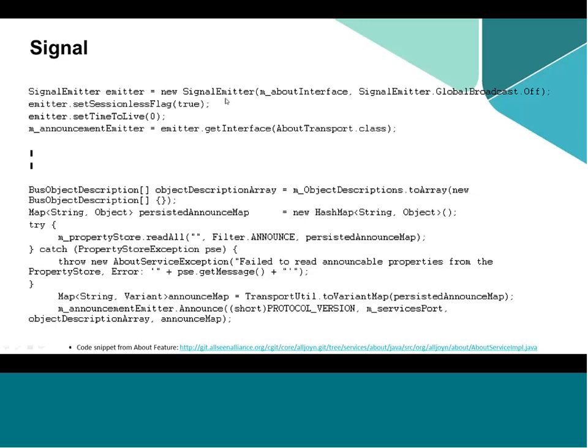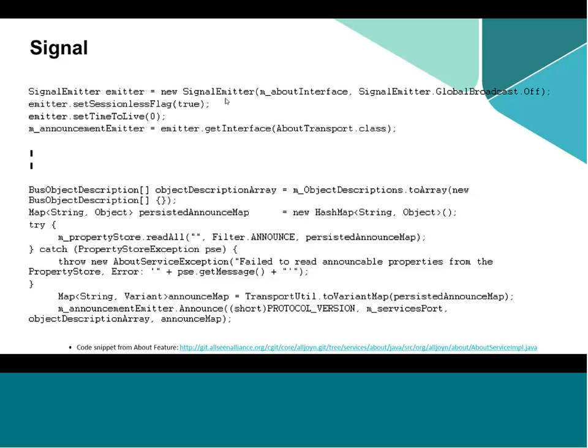So what we do is we create what's called a signal emitter. So across all the language bindings, in the Java language binding, the only difference between all the API calls is really around sending signals and creating that interface. Everything else holds true as far as what's exposed on a bus attachment, what's exposed on a proxy bus object, and how those interact. But in Java, if we want to send a signal, we create this signal emitter class.